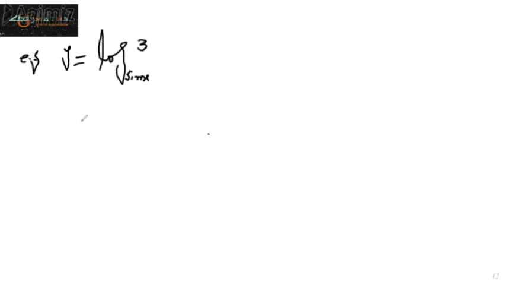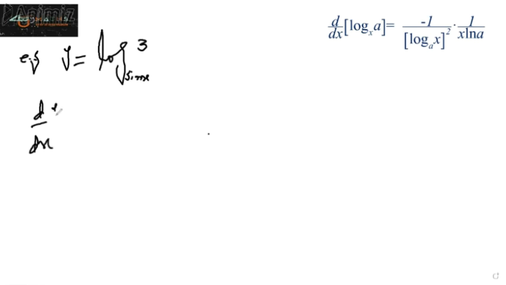Let us consider this second example. Again, we have a constant in the term while a variable in the base. So again, we will make use of this rule we have just derived. Applying the derivative to both sides of this function, that is d by dx of y and d by dx of log of 3 to the base sine x.